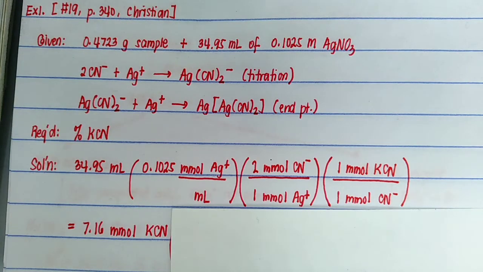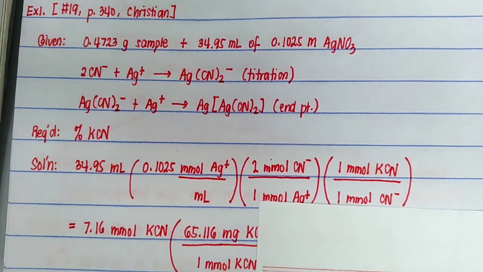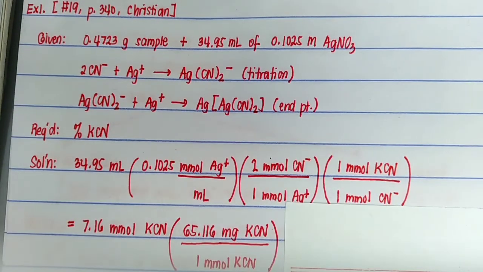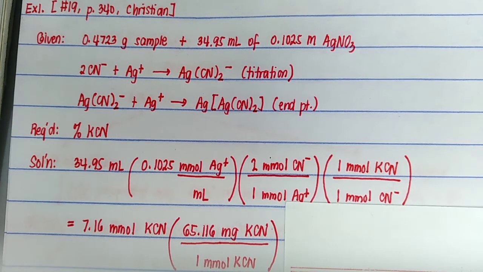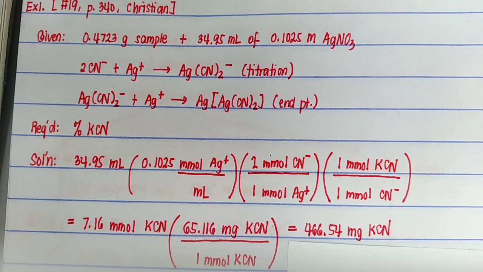So look it up on our periodic table. The molar mass of our KCN is found to be 65.116 milligrams of KCN for every 1 millimole. And so once again, plugging it into our calculator, we're able to compute the number of milligrams of our potassium cyanide.